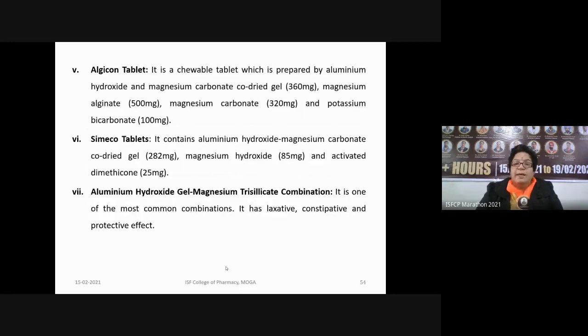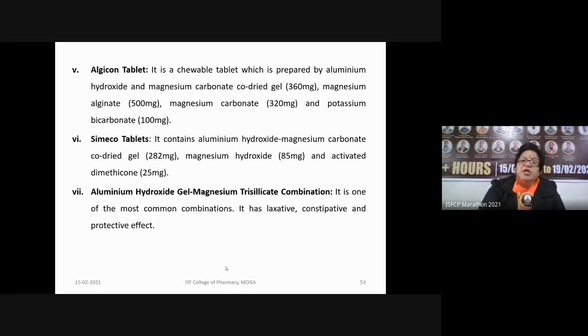It contains aluminum hydroxide, magnesium carbonate co-dried gel, that is 282 milligram, magnesium hydroxide, and activated dimethicone or simethicone that I have just discussed. Then aluminum hydroxide gel, magnesium trisilicate combination. It is one of the most common combinations. It has laxative, constipative, and protective effect.